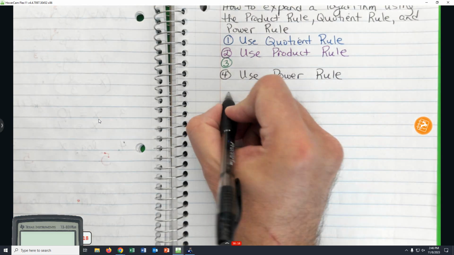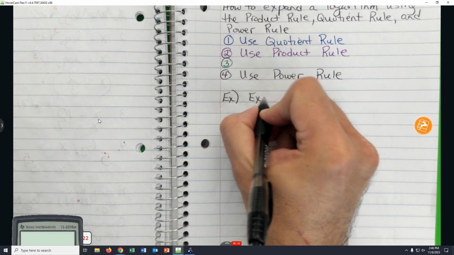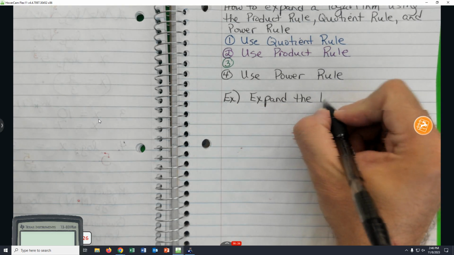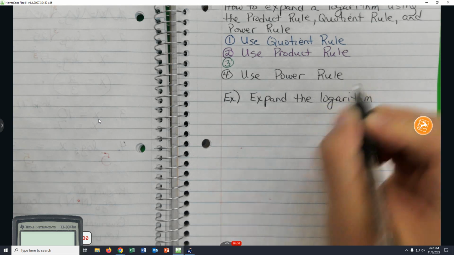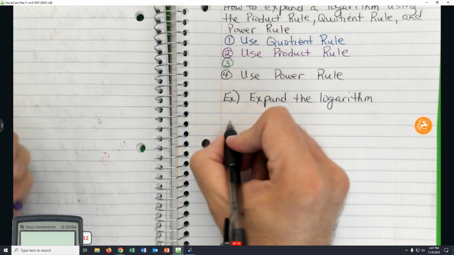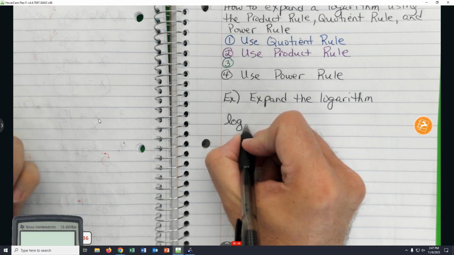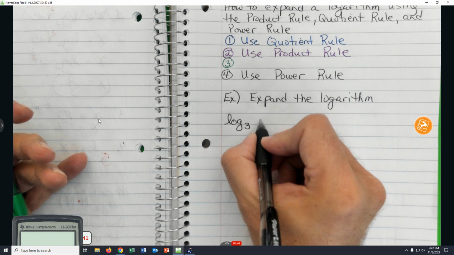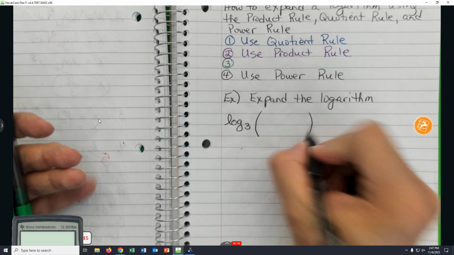And I'm going to give you an example. Expand the logarithm. And here it's log base 3. Now I'm going to write a lot of messy stuff right here.